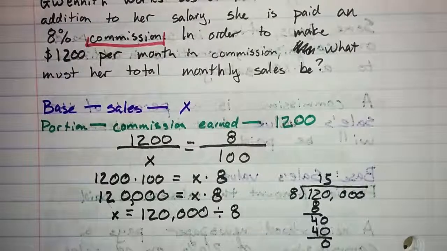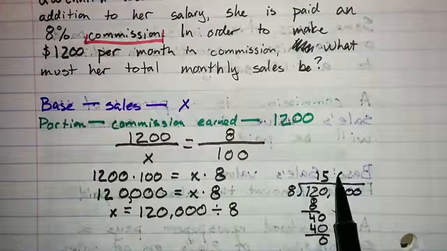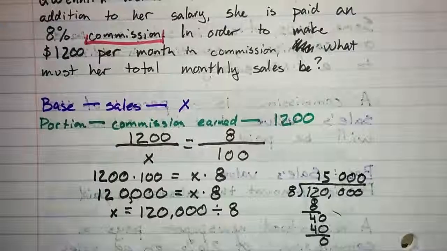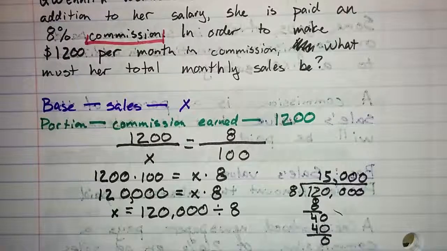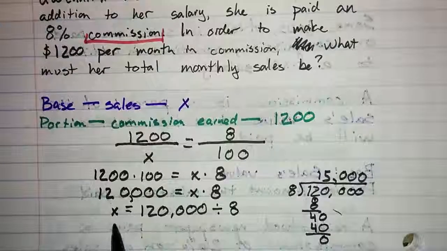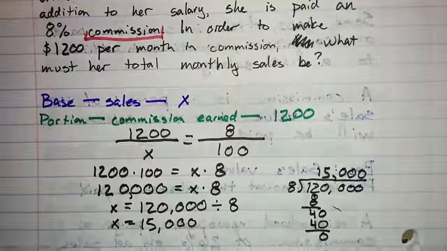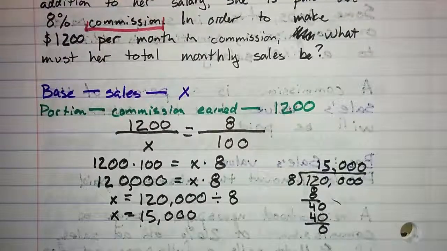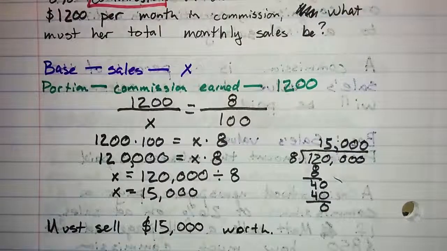Nothing left. These are all zeros. I guess I'm going to need something in these places. There we go. My answer is going to be x equals 15,000. So how much does Gwyneth need to sell? Gwyneth needs to sell a total value of $15,000 each month.